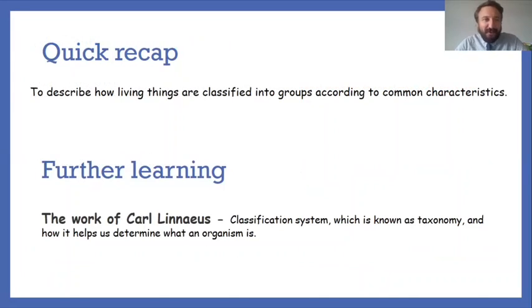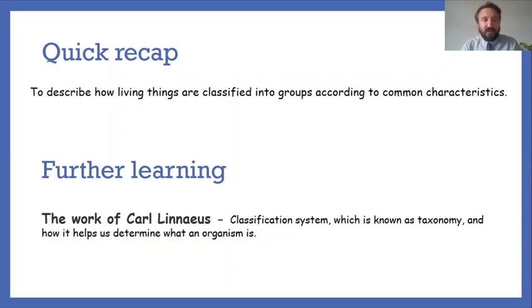So let's have a quick recap. We have been looking at how living things are classified into groups according to common characteristics. Today's focus was microorganisms, and we went into real depth of what each of those microorganisms looked like and the impact they had on our health.